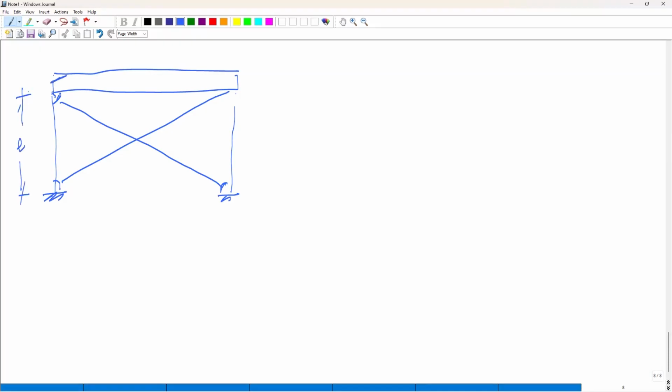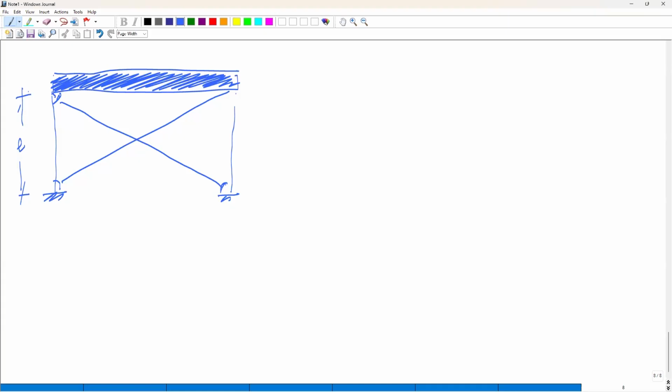So this one here is not a load. This is a very, very stiff beam. Okay, so stiff that compared to the stiffness of the column, you can imagine that the stiffness of the beam is infinite.